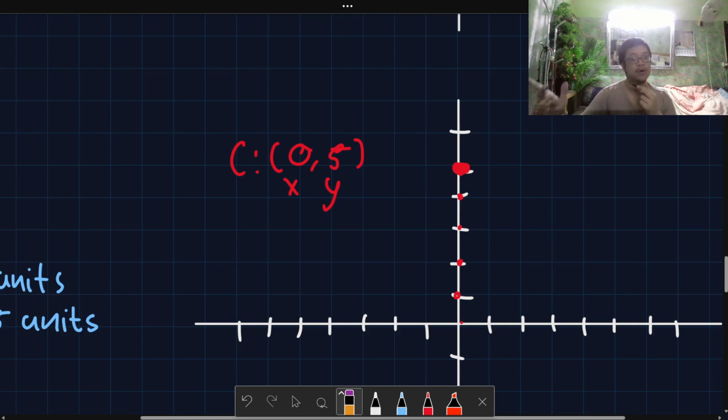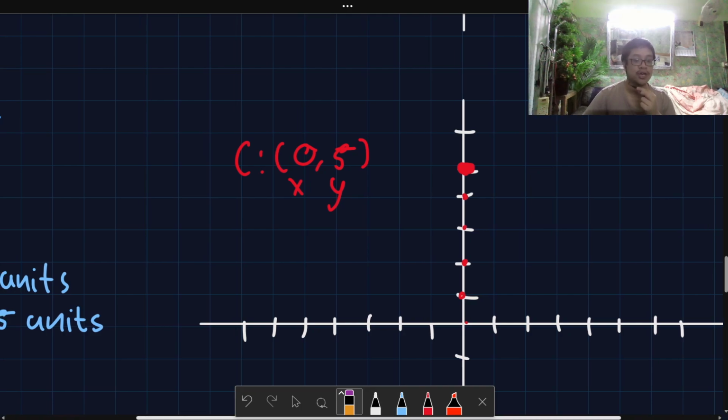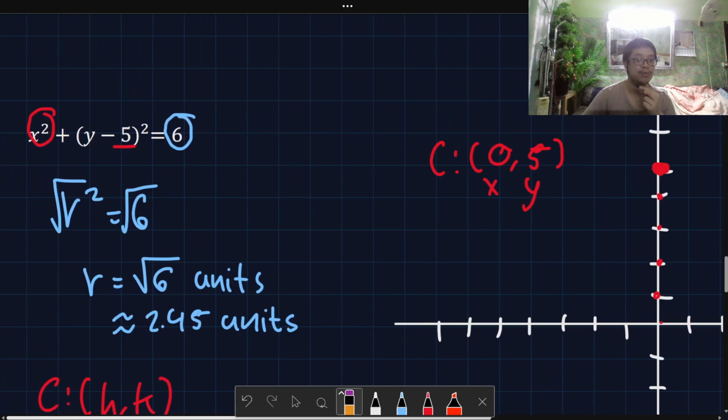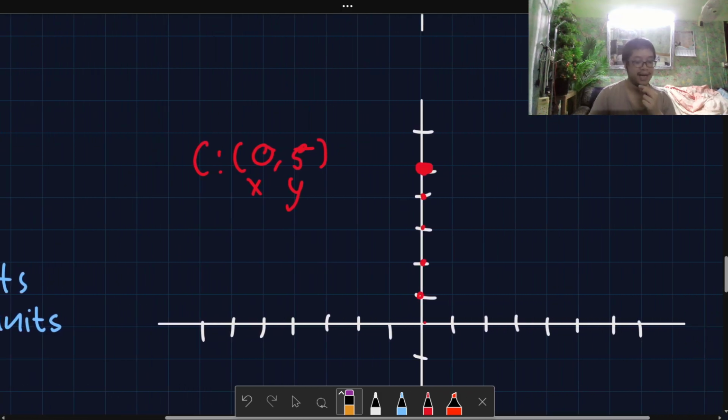So now we will proceed to the radius. Here your radius is 2.45 units. Again, this is just an estimate, since you don't really know how long the square root of 6 is, especially 2.45 units. So let's just estimate.